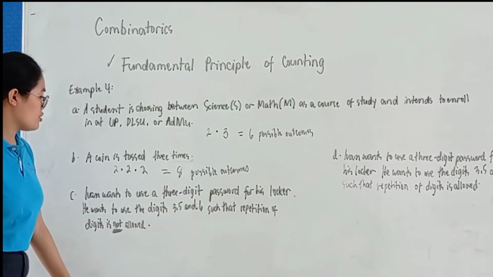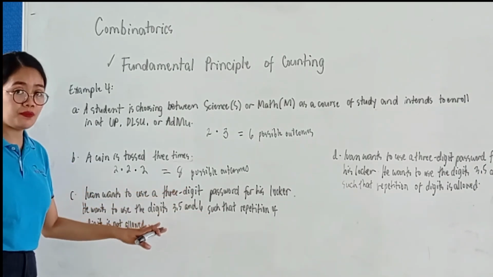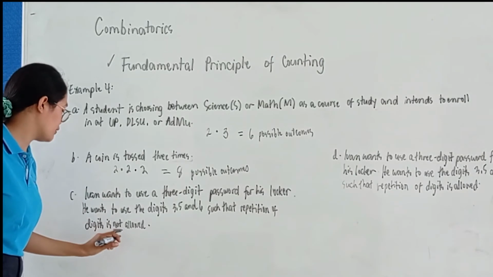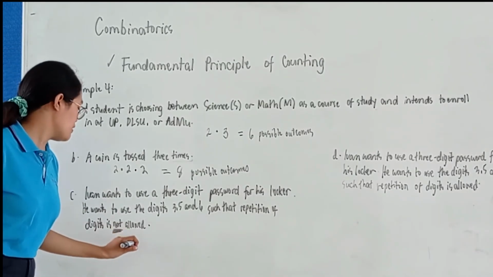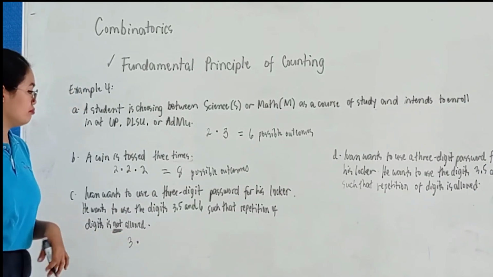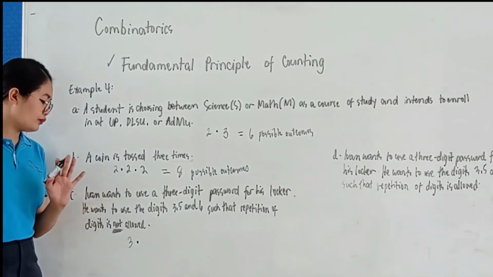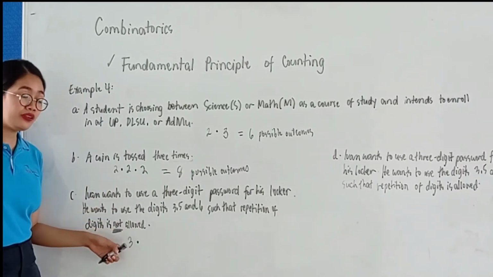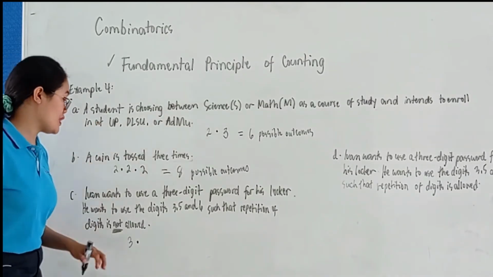For our first position, we have 3, 5, and 6, and with those digits available, meaning we have 3 options. For the first position, we have 3 possible digits to choose from. And since we cannot repeat a digit in this password, if we are already able to choose 1 digit among the 3, we will only be left with 2 options for our second digit.